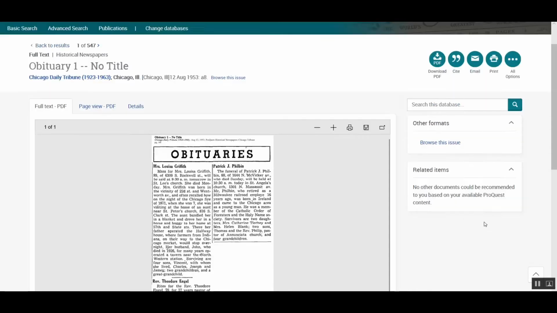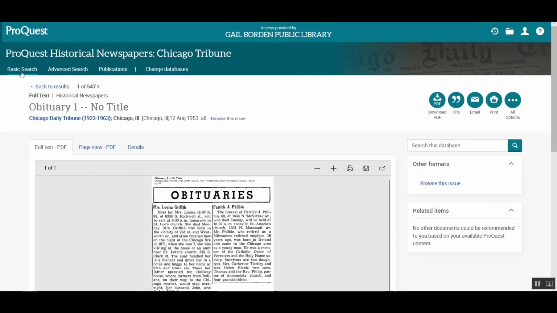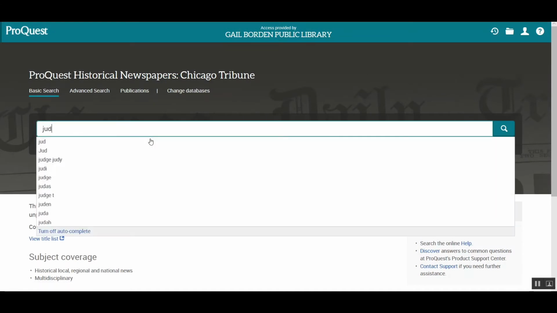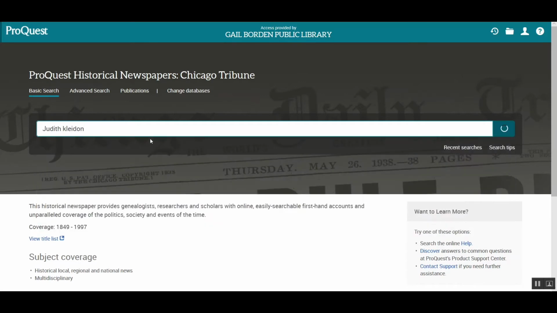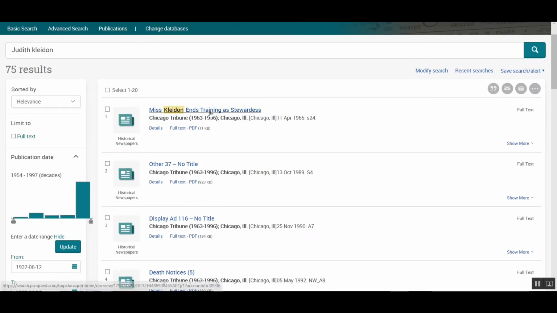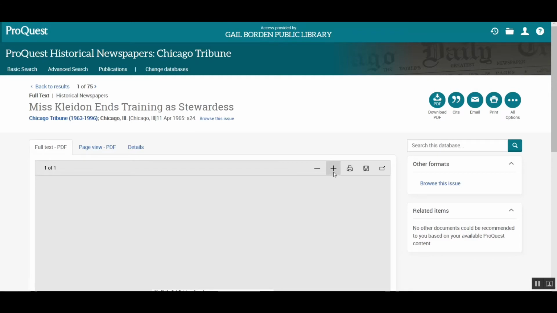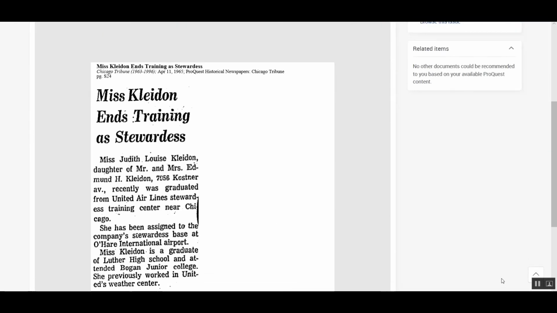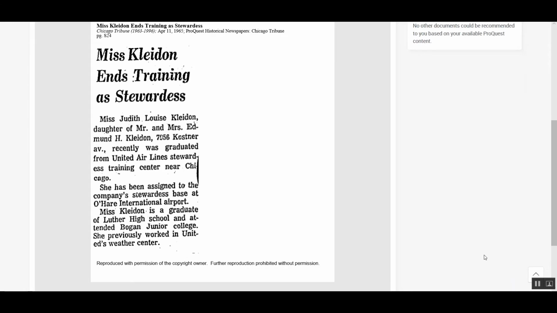And then if you're really lucky, you might even find that you get an article about the person. So here we're going to find that Miss Judith Clyden finished her training as a stewardess. So if there was someone in your family, that'd be a pretty fun thing to find.